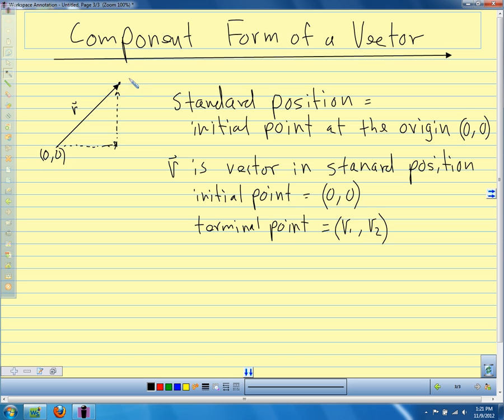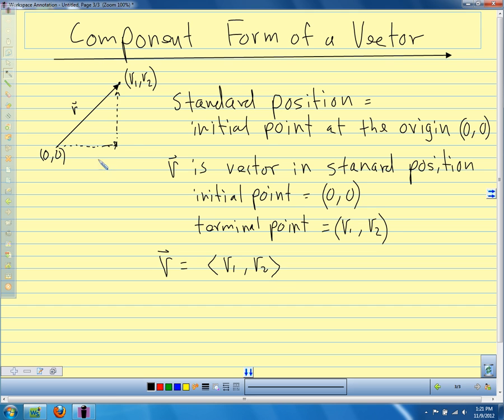And this point up here is the point v1, v2. So that's what we're talking about. So if we have our vector in standard position, we say that v equals, and we use these little pointy brackets, v equals the vector v1, v2.